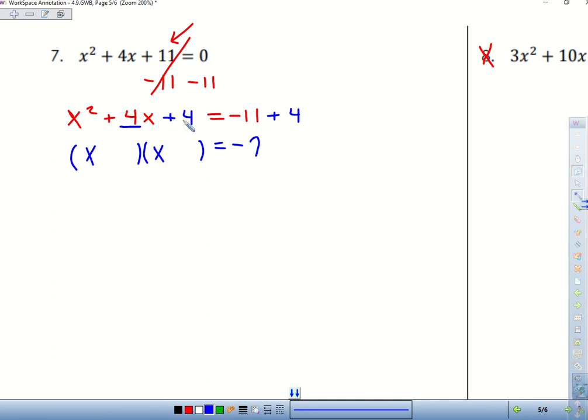What are factors of 4 that add up to 4? 2. Good. So how can we rewrite x plus 2 times x plus 2? X plus 2. Good.